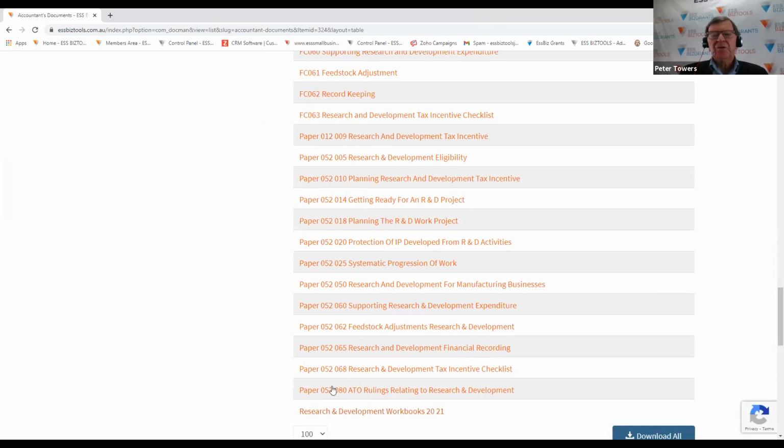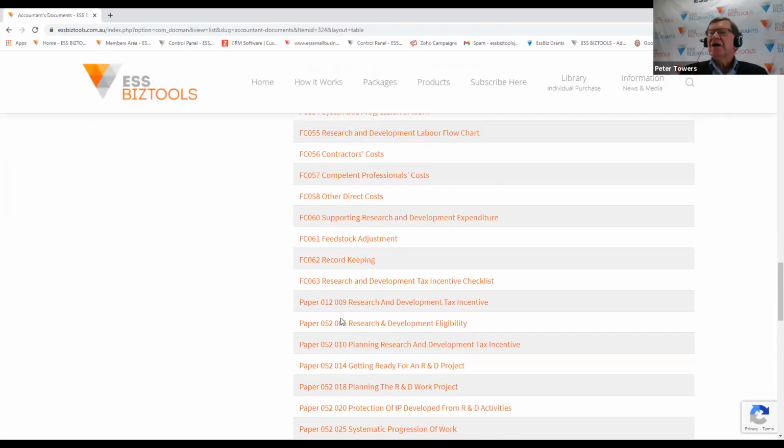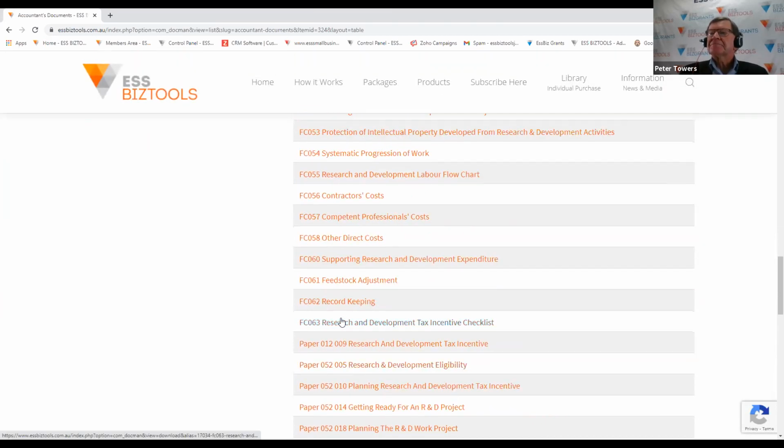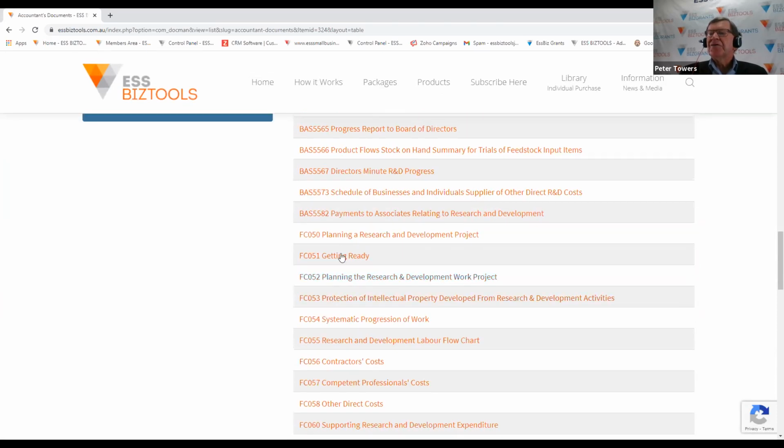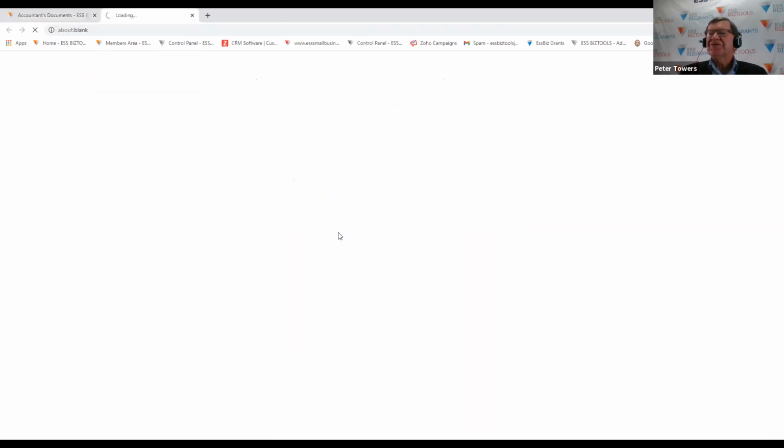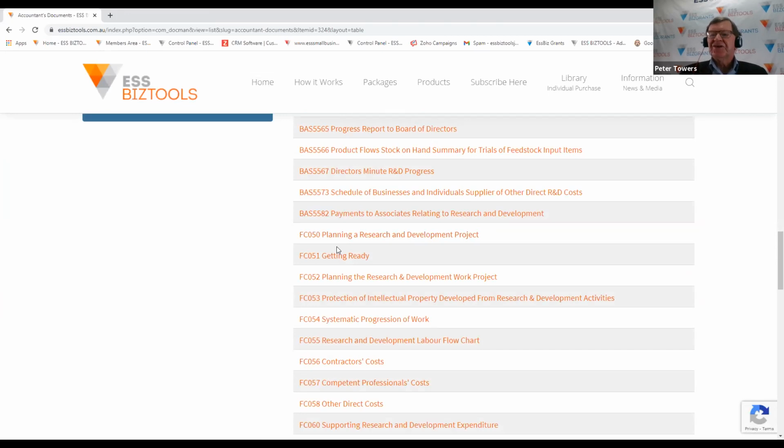And then we have workbooks which are there to facilitate the recording of the costs involved in the research and development activities. So if we go back to FC050, and we'll bring that up, this is planning a research and development project.